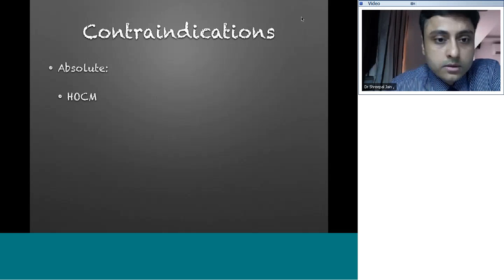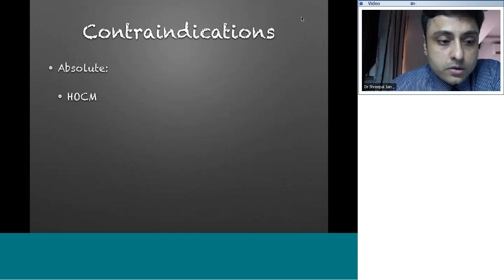Very good. So we have HOCM, DIG toxicity, okay. Which other conditions specifically wouldn't you want to give digoxin? DIG toxicity, obviously you have already given digoxin, the patient has developed toxicity, so you don't want to restart digoxin. But which are the conditions where you wouldn't really start or even consider starting digoxin?